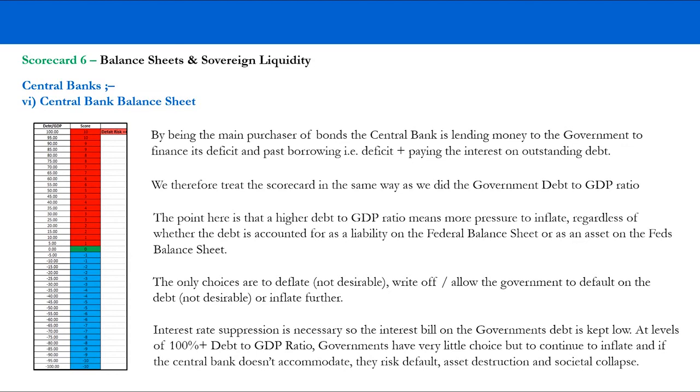So outstanding debt, if you recall from earlier, is at 100% in terms of its ratio to GDP. So governments have very little choice but to continue to inflate. And if the central bank doesn't accommodate this, they basically risk default or asset destruction and possible societal collapse.